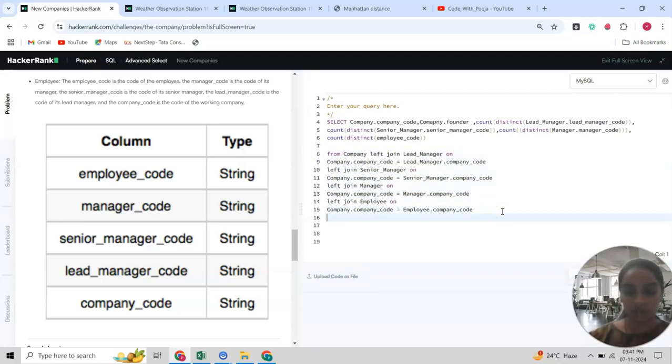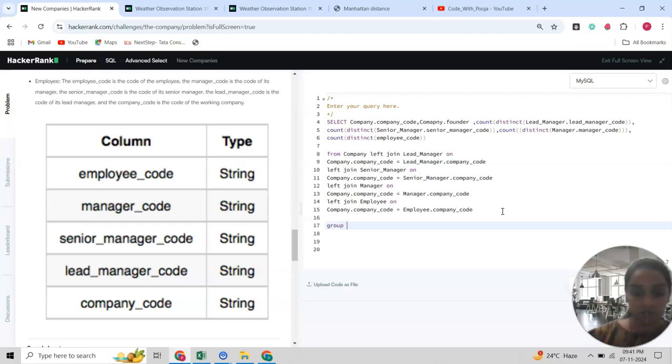After that, on the condition, what do we have to group by? Company, this one, and also, actually, I think I made a mistake.